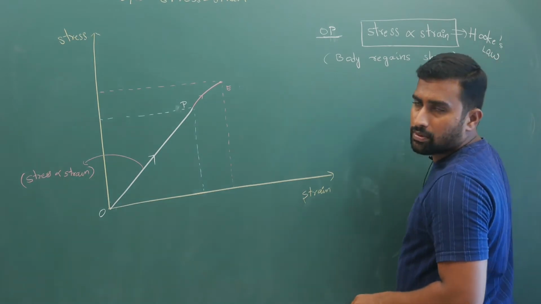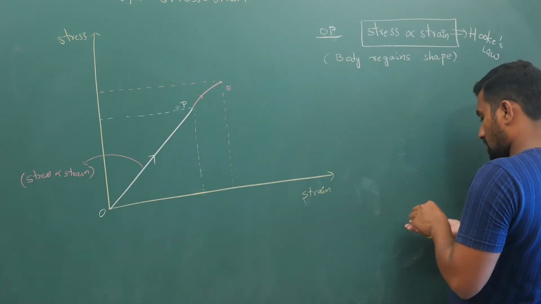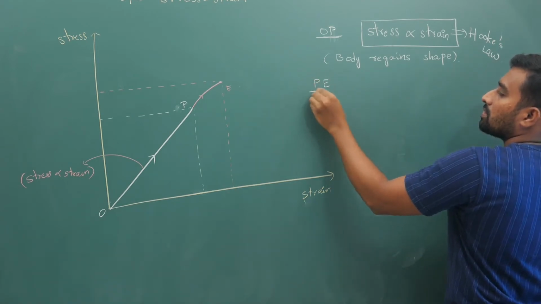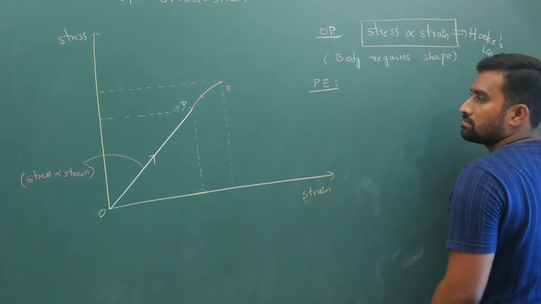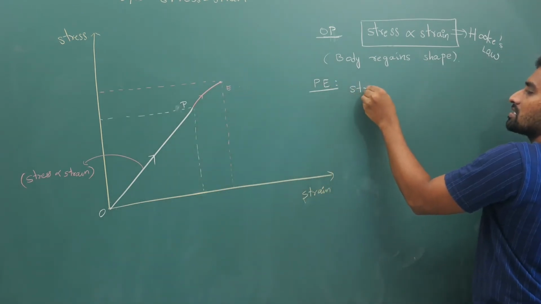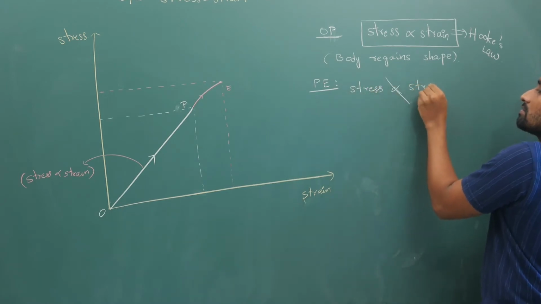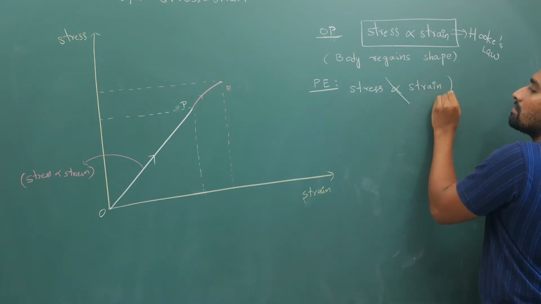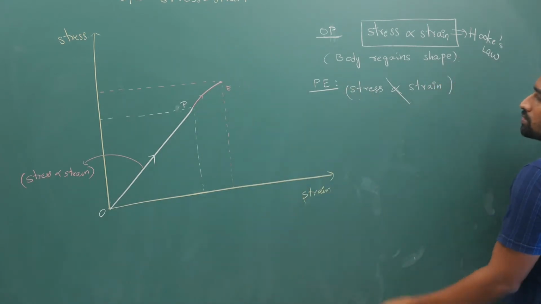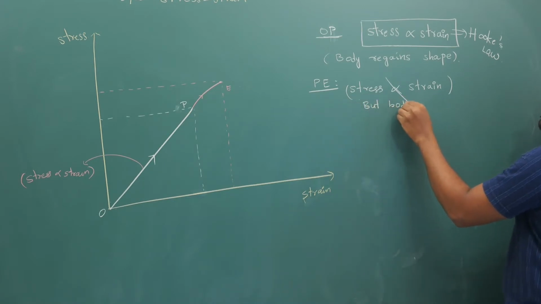Now if you take the region P to E, stress is not proportional to strain, but the body regains shape.